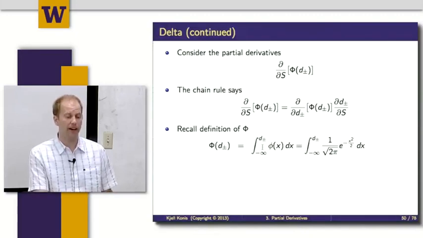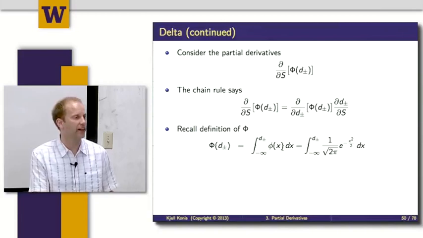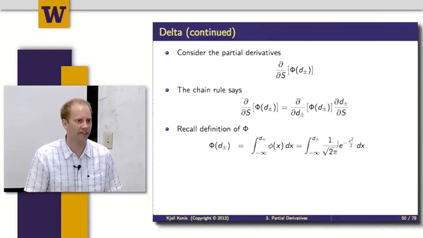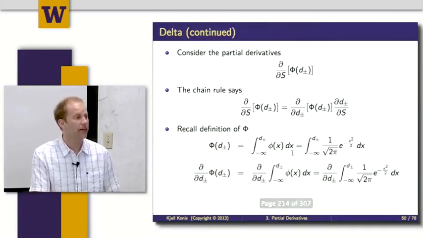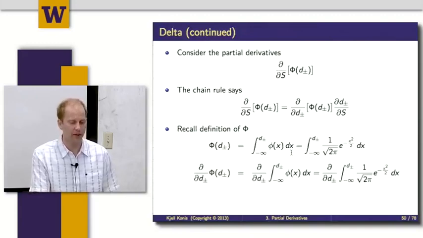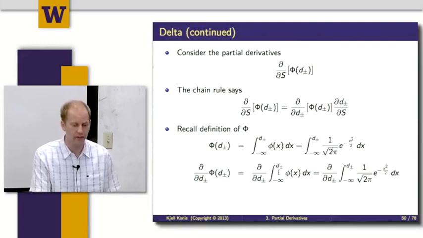I like to use the shorthand notation, little phi of x, for this function. It saves me writing some stuff, and it's also less likely that I'm going to make a mistake. And we saw in the second week how I could take the derivative of something like that. It's just the derivative of an indefinite integral.